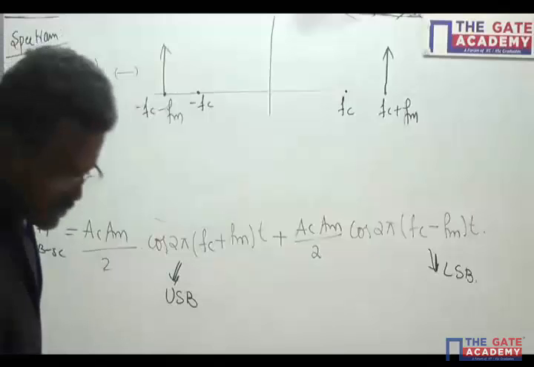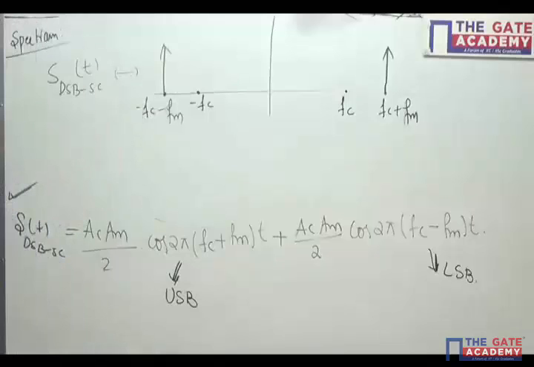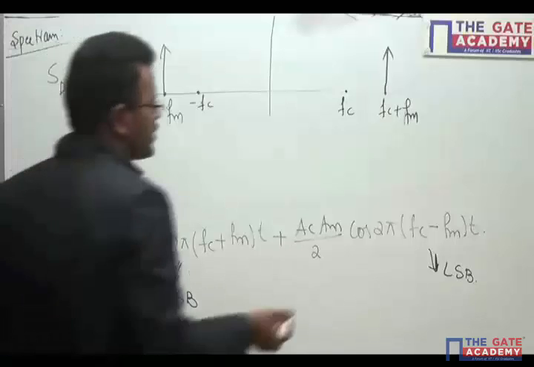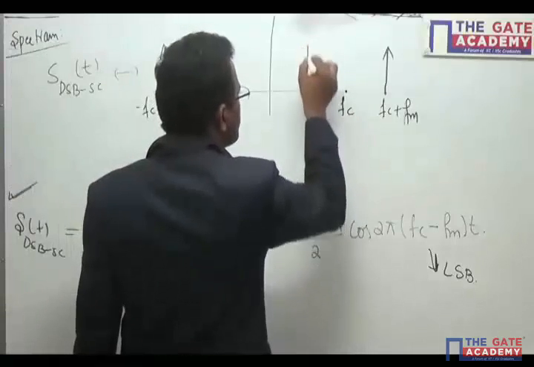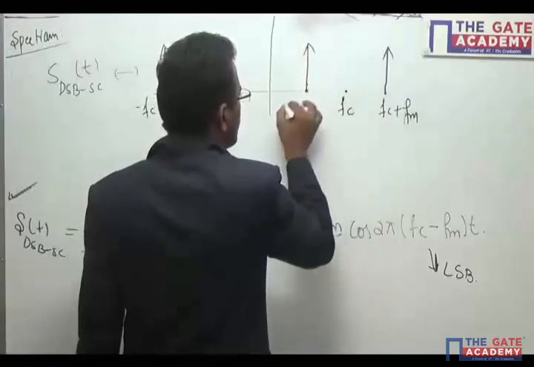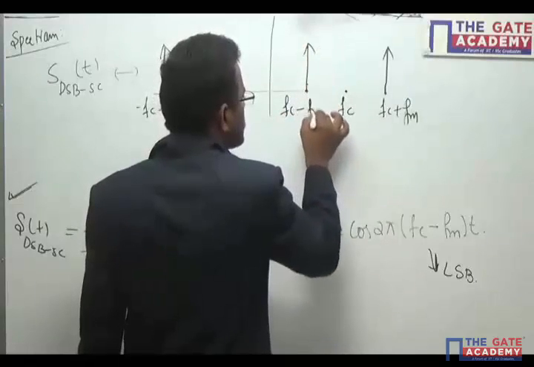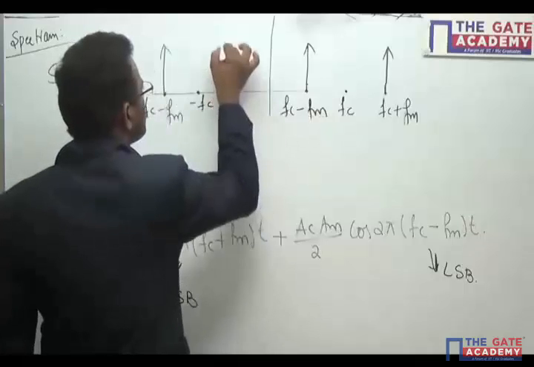What is the next component? Next one is also cos. Cos means we have the impulse at its frequency. What is the frequency of that one? fc minus fm. This side also the same.